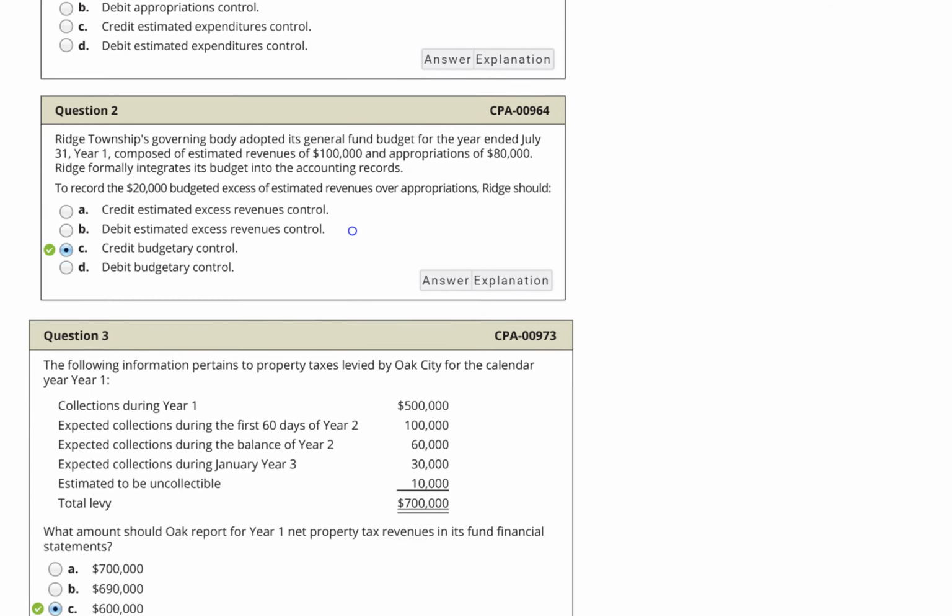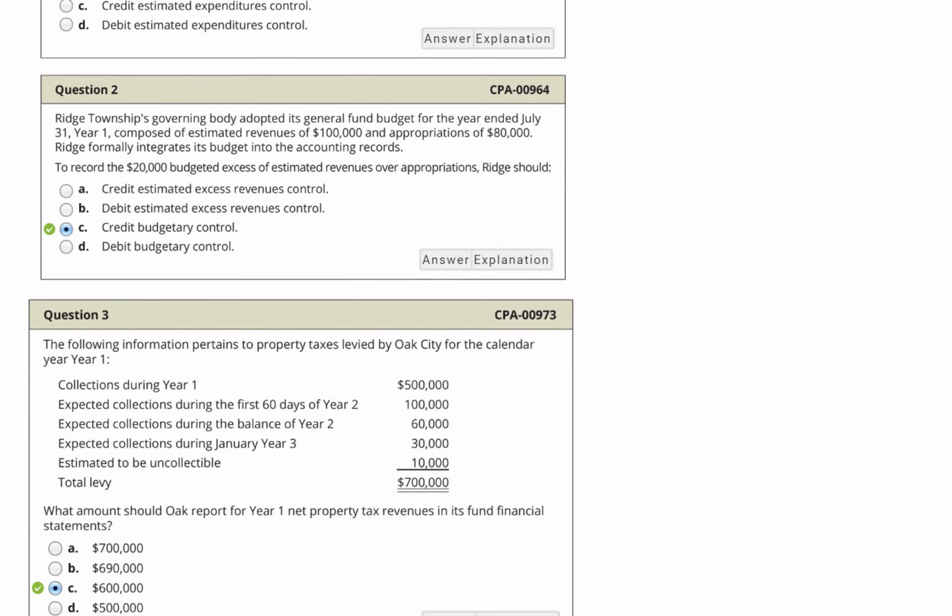Now let's see the next one. Rich Township's governing body adopted its general fund budget for the year ended July 31st, year 1. Estimated revenues are 100,000, appropriations 80,000.